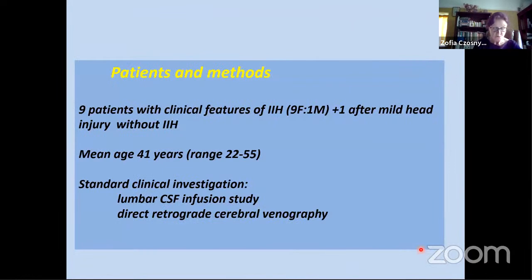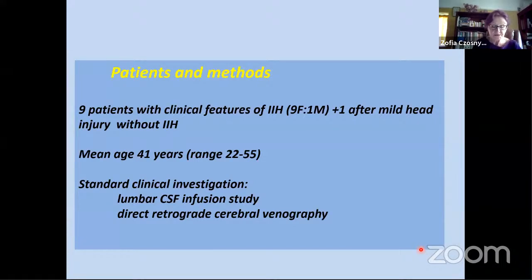We investigated 10 patients diagnosed with IIH. Nine were IIH patients, and one patient after mild traumatic brain injury with stubborn headaches. The standard clinical investigation was used: lumbar CSF infusion study and direct retrograde cerebral venography.